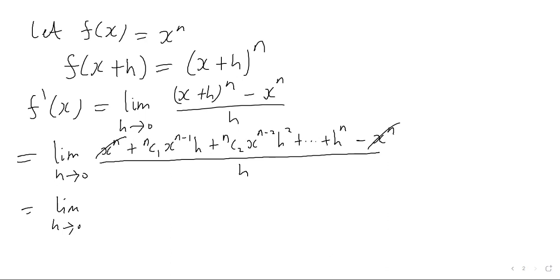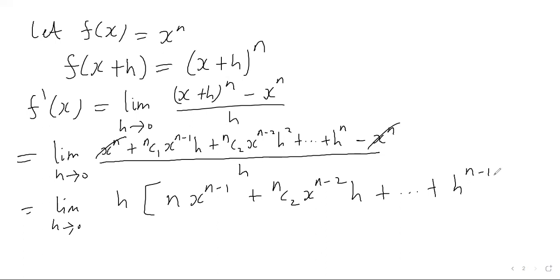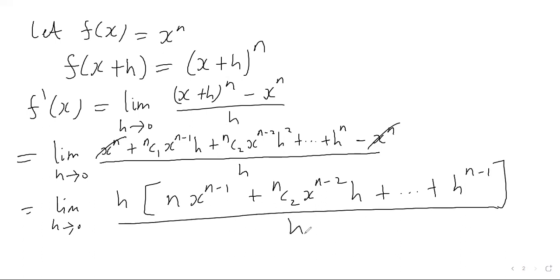So we've got h multiplied by n choose 1, which is just n, so n times x to the power of n minus 1, plus n choose 2, x to the power of n minus 2 times h, plus all of these other terms, plus h to the power of n minus 1. I've factorized out the h on the top of the fraction, and then divide that by h on the bottom, and we can cancel out the h there and the h there.